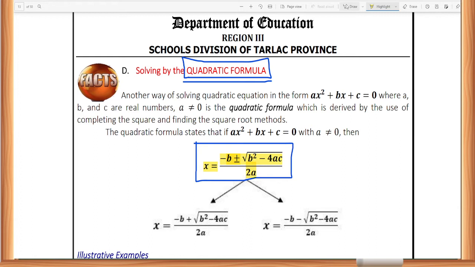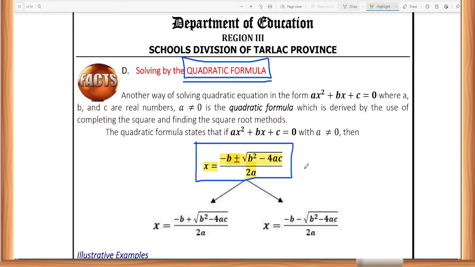Ira Jasmine, nandiyan ka pa? Ma'am. Okay. I want you to solve using quadratic formula. Try mo, okay? Don't worry, i-guide kita. Okay pa? Okay, Jasmine?